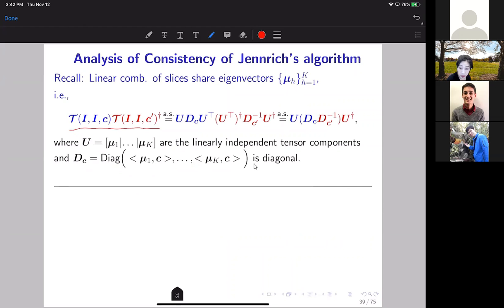So sorry, we have this tensor, which is actually a matrix. I call it a tensor, but really it's just a D by D matrix. So you can see, because you have these two tensors, the blue part can be written as U D_C U transpose, right? So why can you do that?